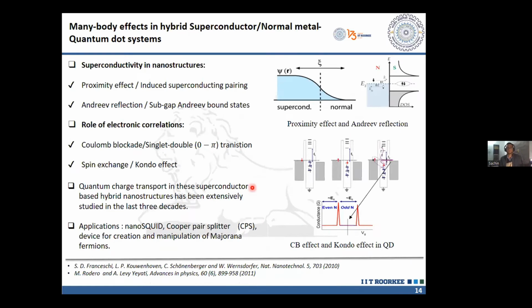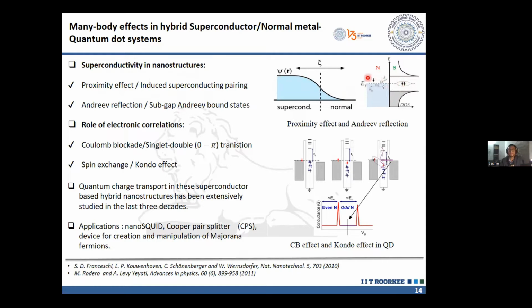Okay, now what happens if we connect a superconductor instead of a normal metal? So we now have a normal metal, a quantum dot, and a superconductor, so it's an NQDS device. In this NQDS device, one can have various phenomena such as the proximity effect, where the superconducting order leaks into the quantum dot, and the second one is something called Andreev reflection, where the electron incident from the normal metal is reflected back as a hole, and a Cooper pair is created in the superconductor.